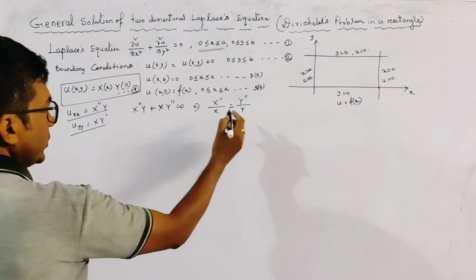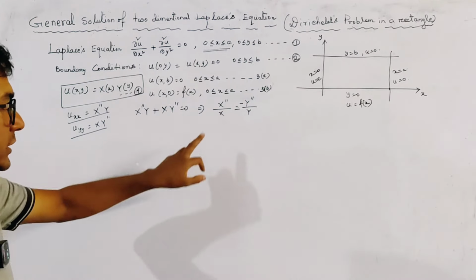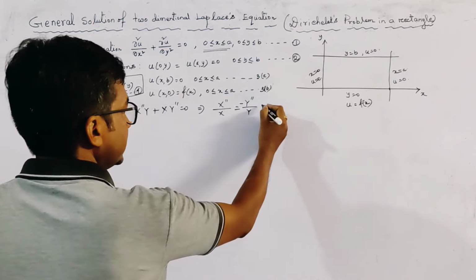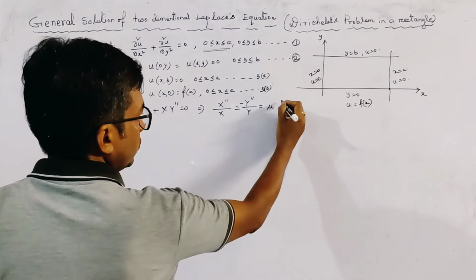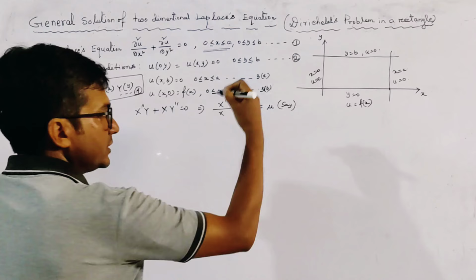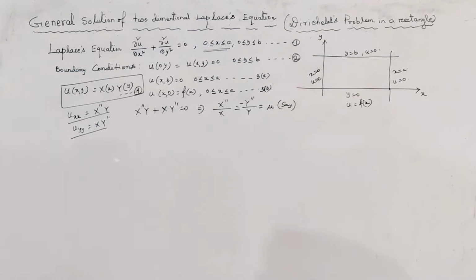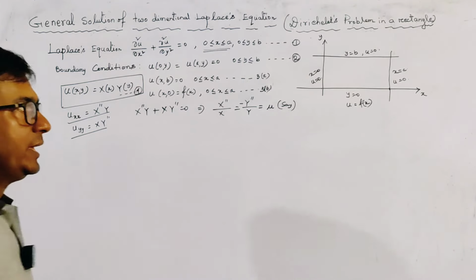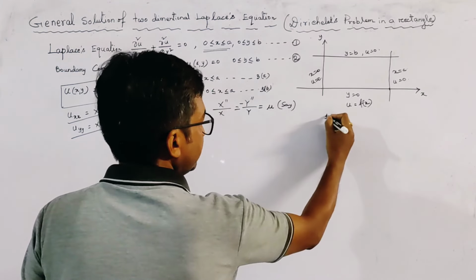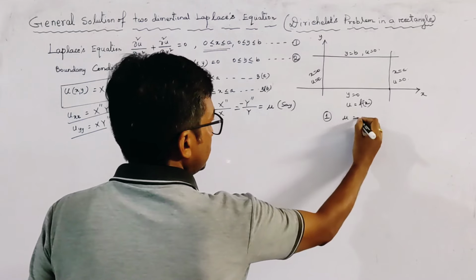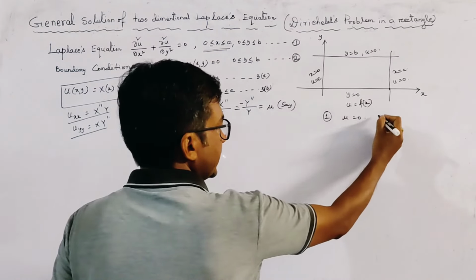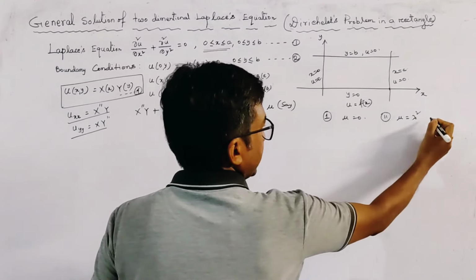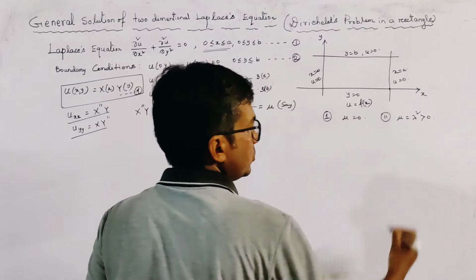Here we take a negative sign. Then these two fractions are the same, so let this be equal to μ. Clearly we have three cases. In the first case we let μ = 0. In the second case we let μ = λ², which is greater than 0.